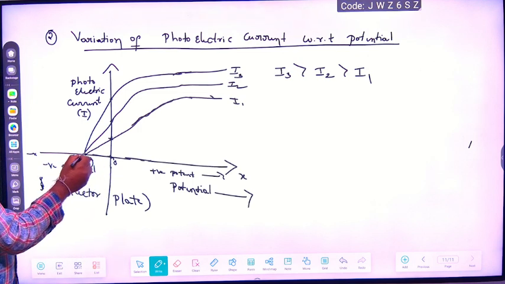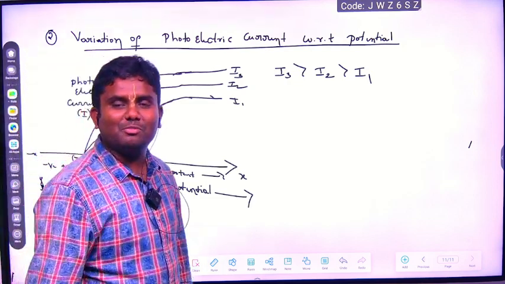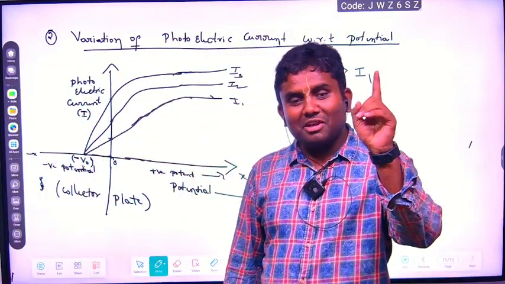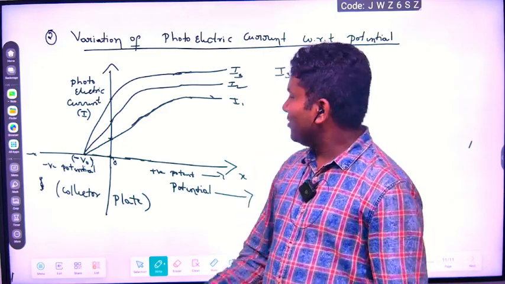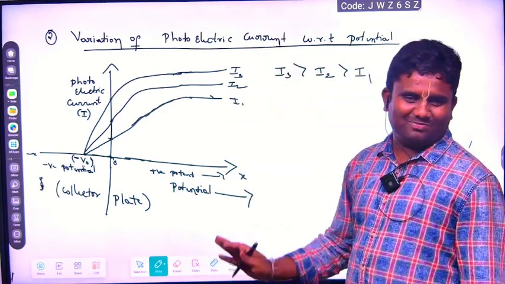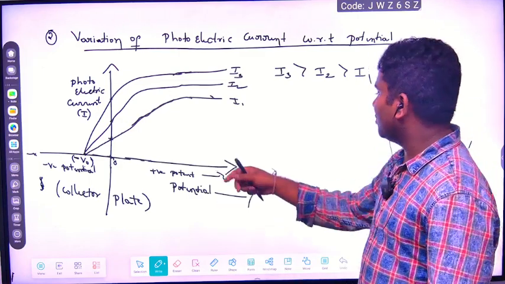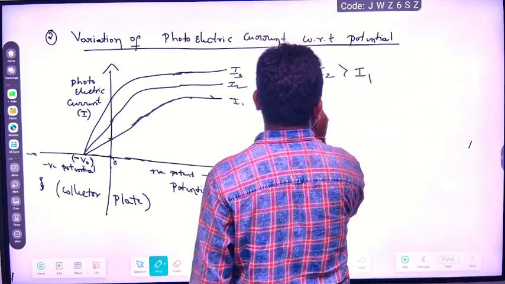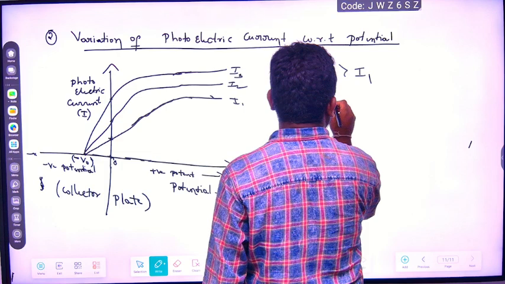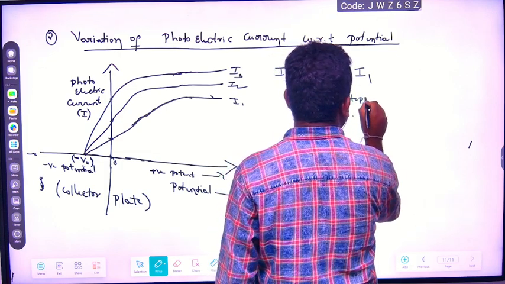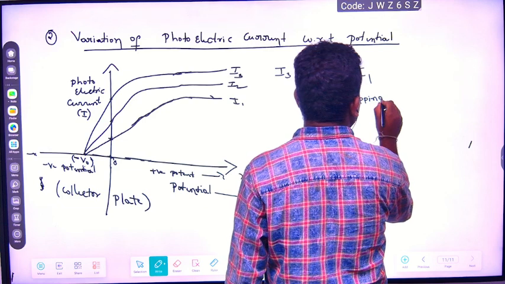At that time the current flow will be zero. But the potential is the same for the given material. Whether intensity is high or low, the stopping potential is the same for the given material. That's why it is called stopping potential. Negative V0 is also called stopping potential.